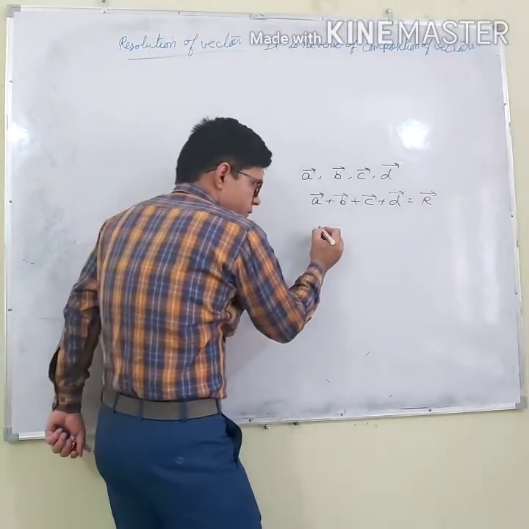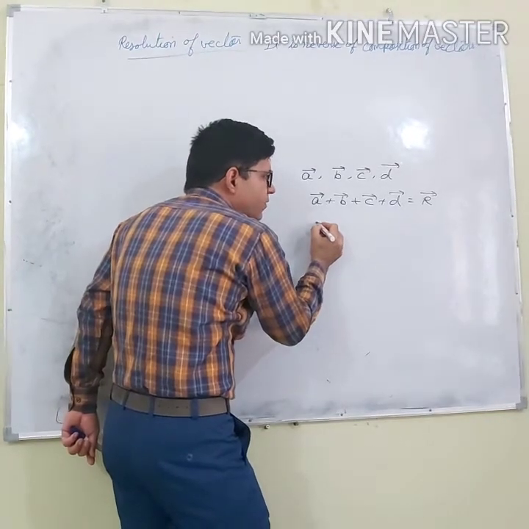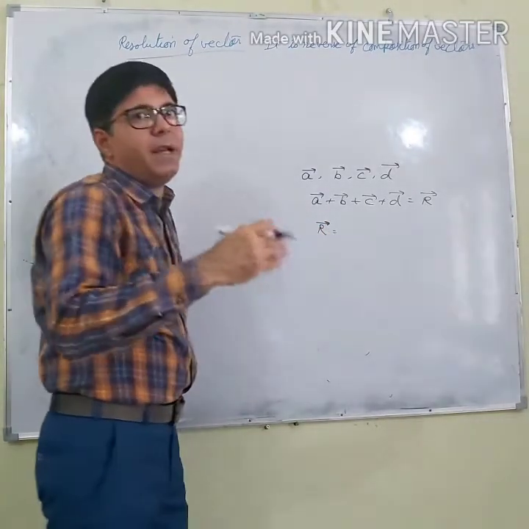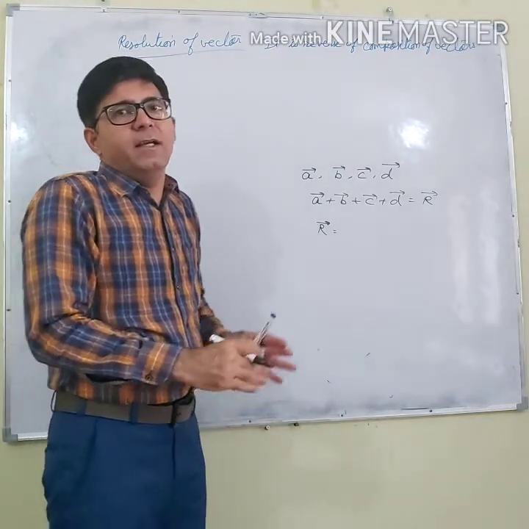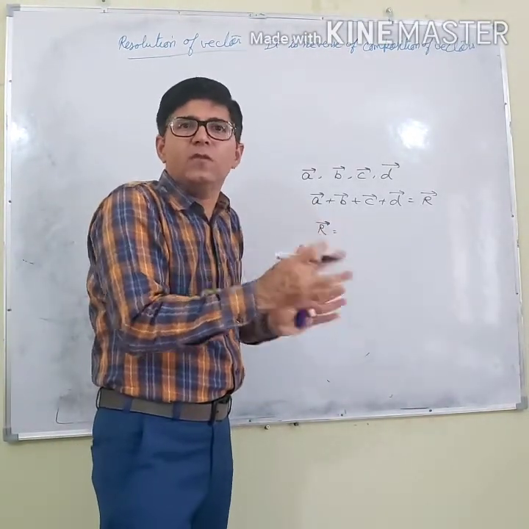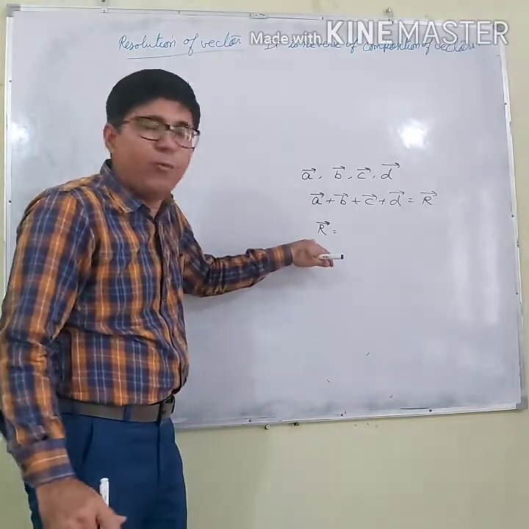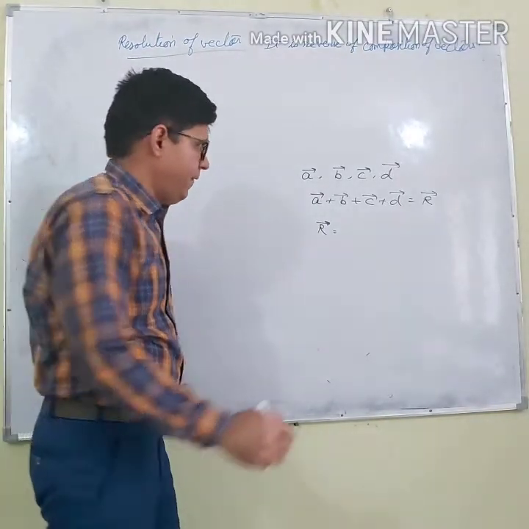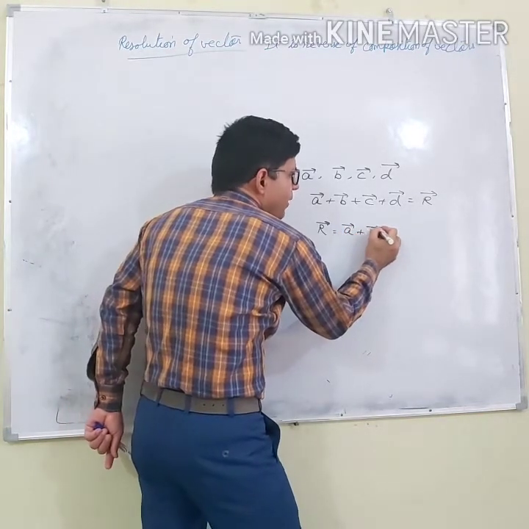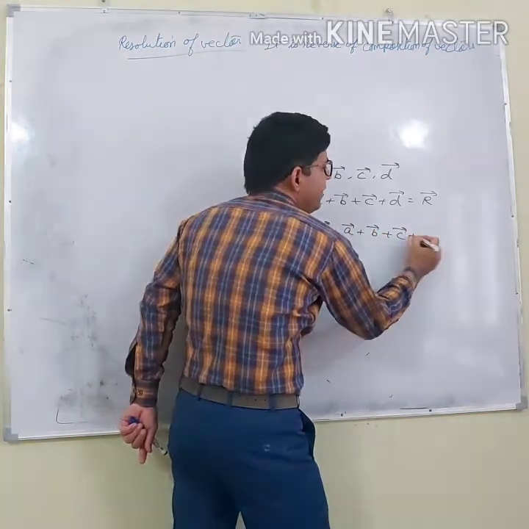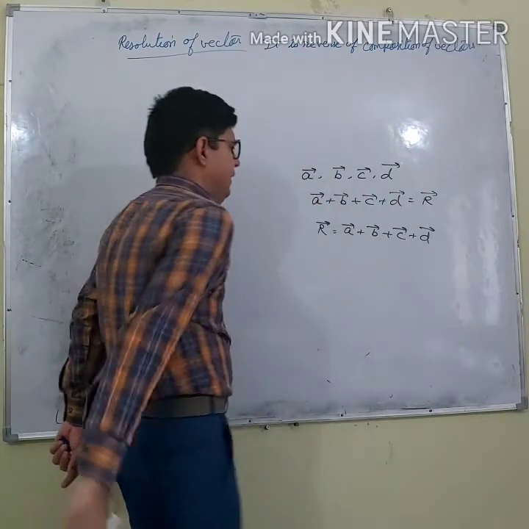Now, if I want to split vector R into certain vectors such that when those vectors are added, they give back the vector R, then R equals vector A plus B plus C plus D.